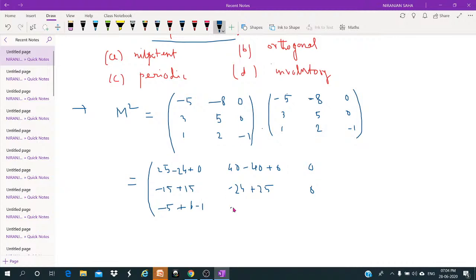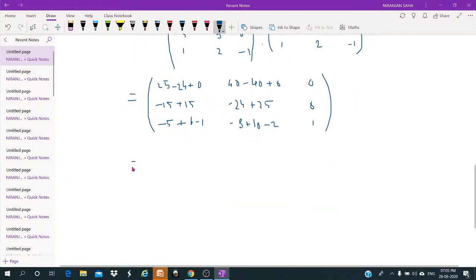It will be minus 8 plus 16 plus 10, sorry, 10 minus 2. It will be 0 0 0 and plus 1. Then we will have here 1 0 0, 0 1 0, 0 0 1. So it is a 3 order identity matrix.